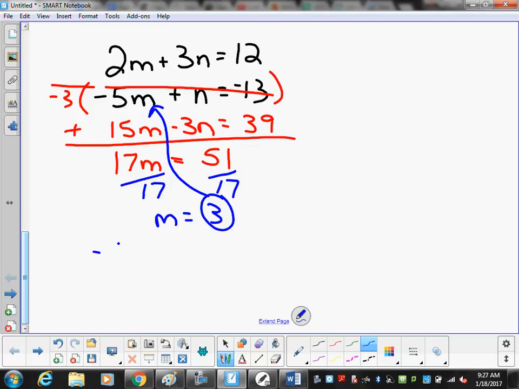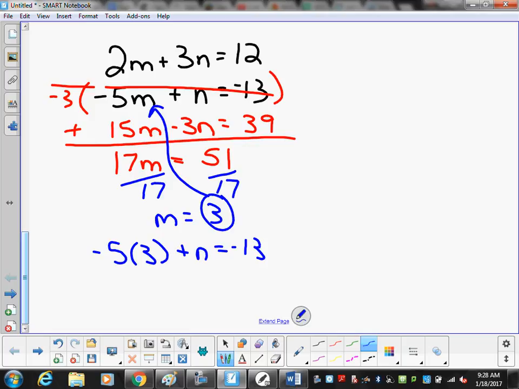So I got -5 times 3 plus n equals -13. No, because I just replaced the m. Now I'm going to get n. Since I plugged 3 in for m, now I'm actually going to be able to solve for n because the m is gone.